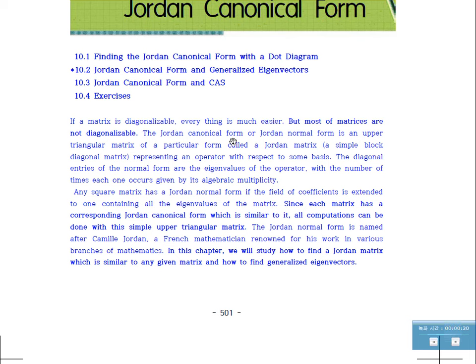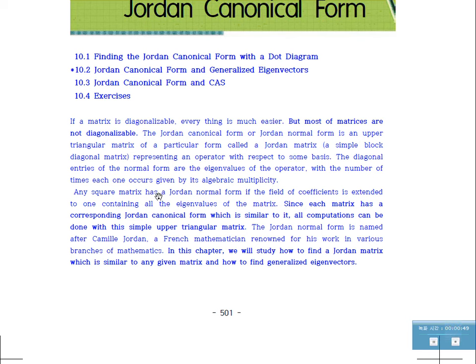The Jordan canonical form or Jordan normal form is an upper triangular matrix of a particular form called the Jordan matrix, a simple block diagonal matrix of Jordan blocks, representing an operator with respect to some basis.